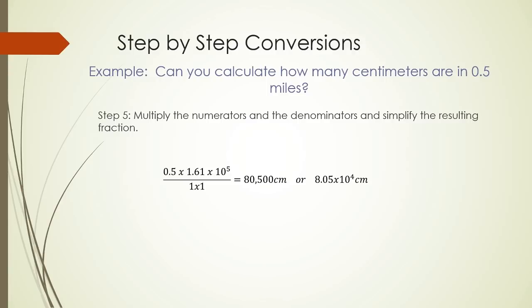So I had 0.5 times 1.61 times 10 to the 5th in my numerator, and my denominator is just 1 times 1. Well, 1 times 1 is 1. And the rest of that stuff, according to my calculator, is 80,500 centimeters, or 8.05 times 10 to the fourth centimeters.